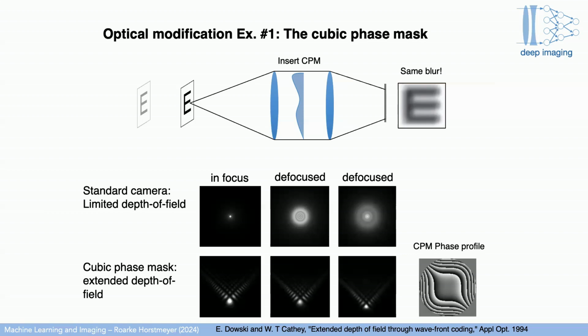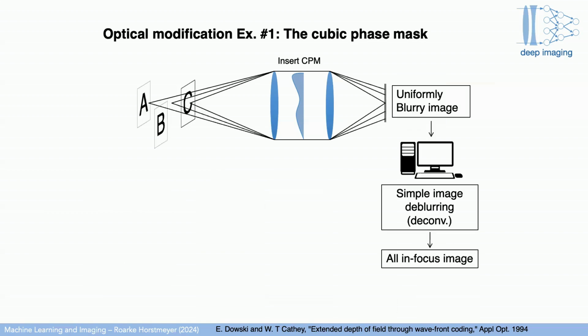And so that's super useful because now what you can do is take a picture of any scene, right, where you don't know how far away things are. They're close, they're far, you never know, right, when you're just using your phone. Or you're just taking pictures of all sorts of scenarios, right? Things will be at different planes of focus, and you'll get a uniformly blurry image, right?